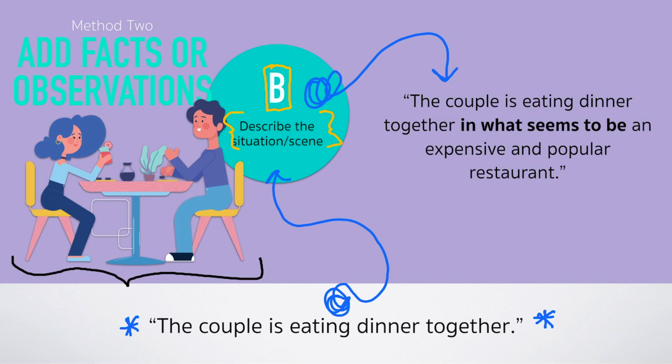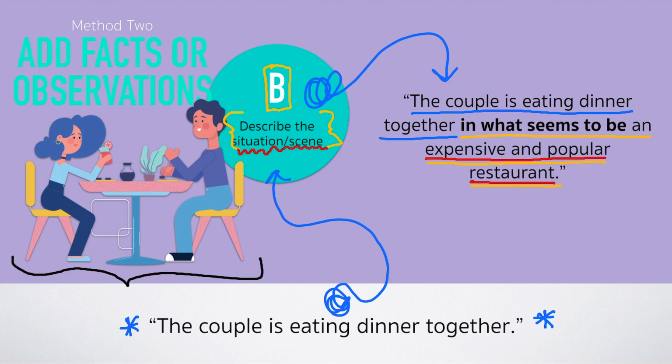So the initial sentence is right at the beginning. The couple is eating dinner together. Then we add in what seems to be an expensive and popular restaurant. So the new information is actually expensive and popular restaurant. Why? Because we've explained the situation or the scene.